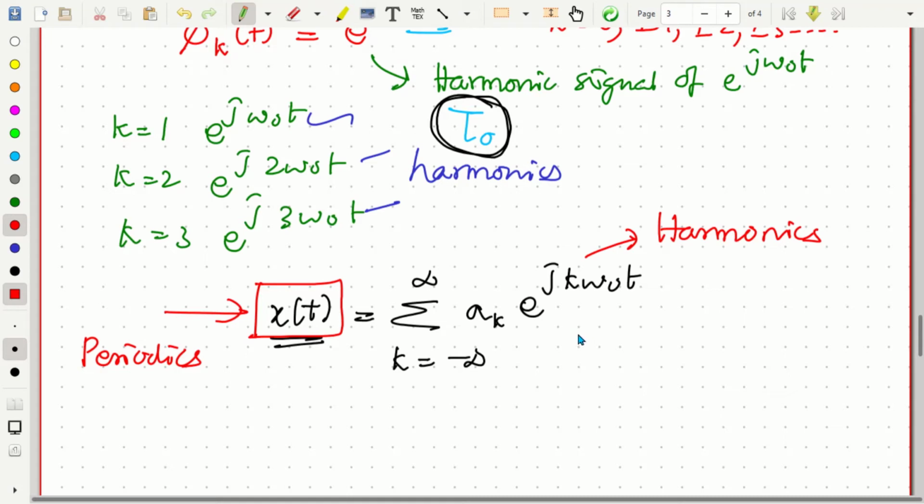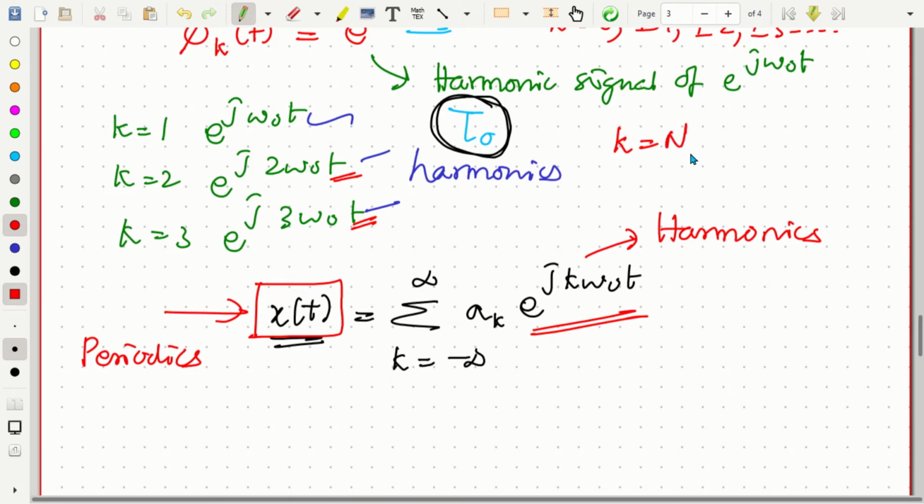So this equation says that we can express an arbitrary signal x of t as a linear combination of harmonically related complex exponentials. When k is equal to 1, this is the fundamental frequency. K equal to 2 is the first harmonic, k equal to 3 the second harmonic, k equal to 4 the third harmonic, and so on up to the nth harmonic when k is equal to n.